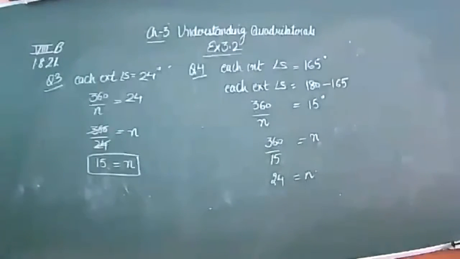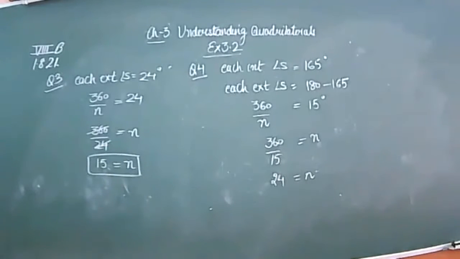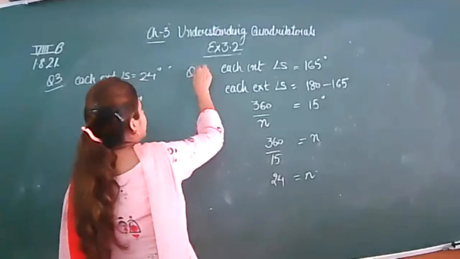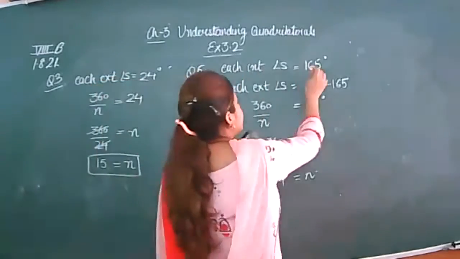Can it be an interior angle? The question is, as we have taken 22 degree as exterior angle, if we take interior angle as 22 degree, is it possible? What you will do here, interior angle is given as 22. You will find the exterior angle first. Question number 5, B part. Interior angle is 22.